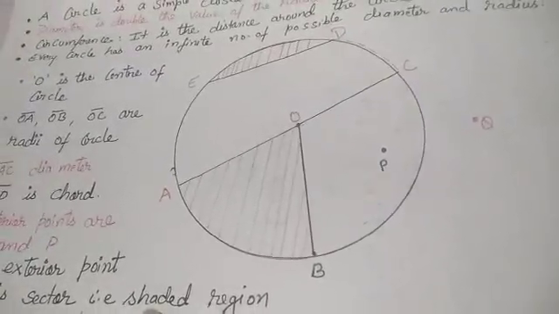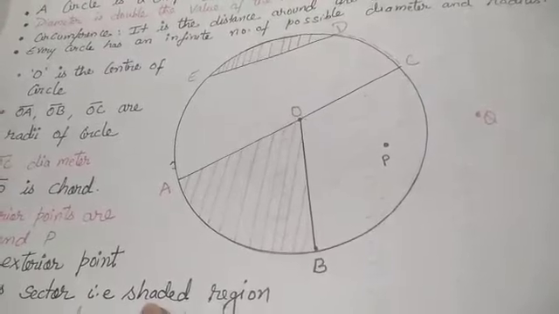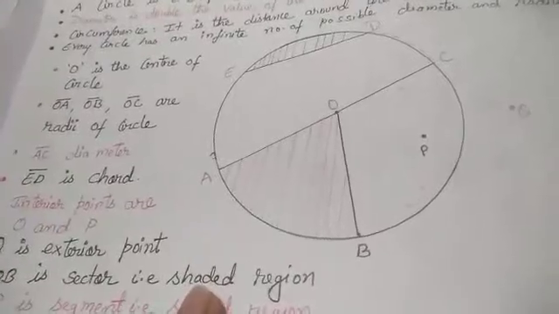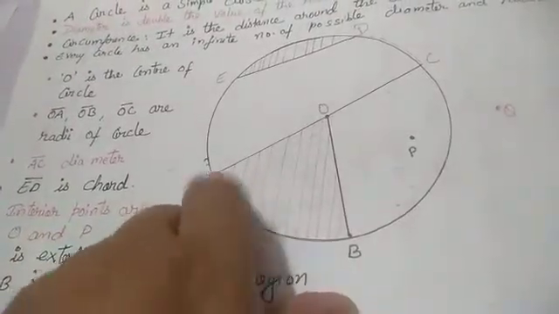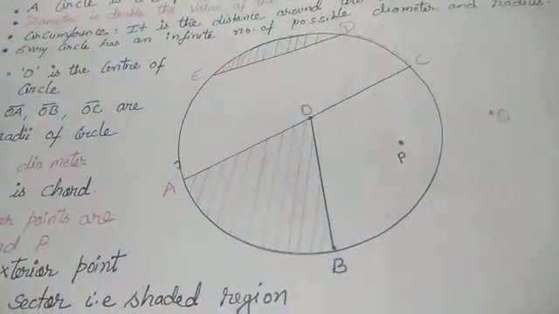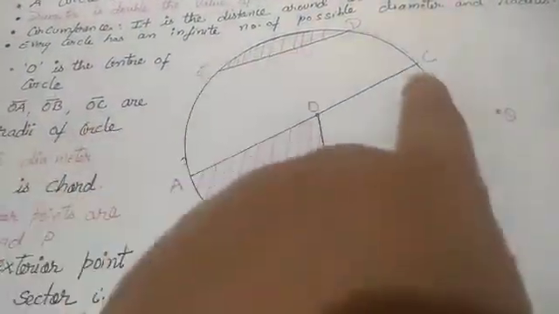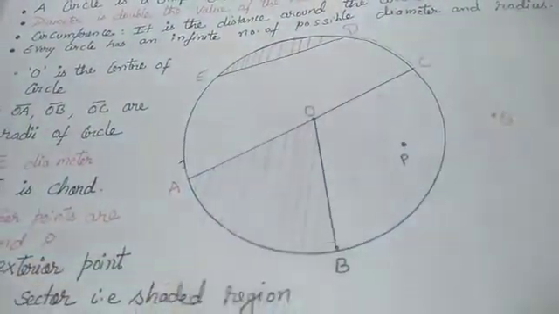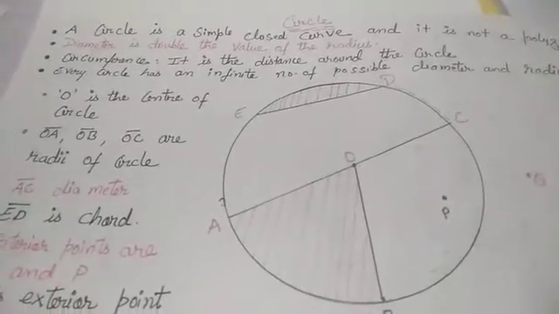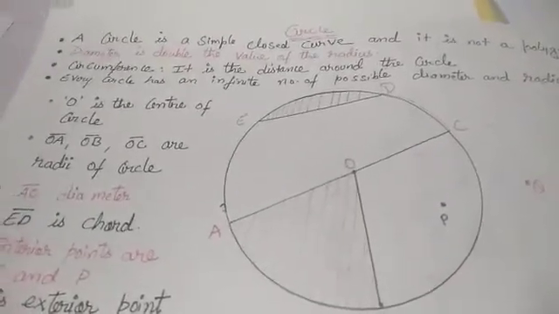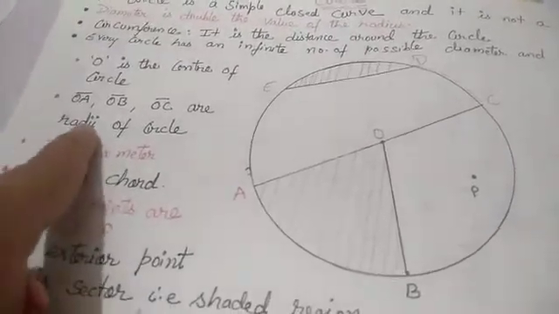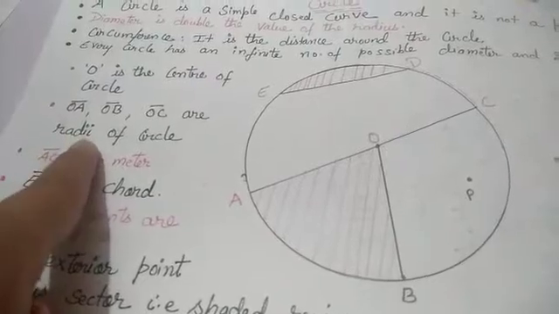Now line segment OA, line segment OC and line segment OB are the radii of the circle. Radius is singular, and radii is the plural word, as a circle has infinite radii.